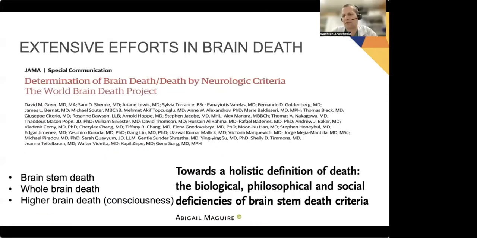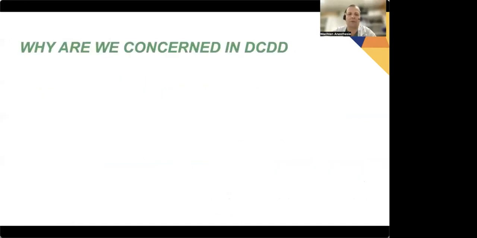And brain death has evolved over a long period of time, and they have put a lot of effort into trying to make the definition of brain death uniform. We have this World Brain Death Project, where they want to go to a more holistic definition, with more biological, philosophical, and societal considerations of brainstem death criteria. And even there, they're still debating: is it brainstem death, is it whole brain death, or is it higher brain death based on consciousness definitions?